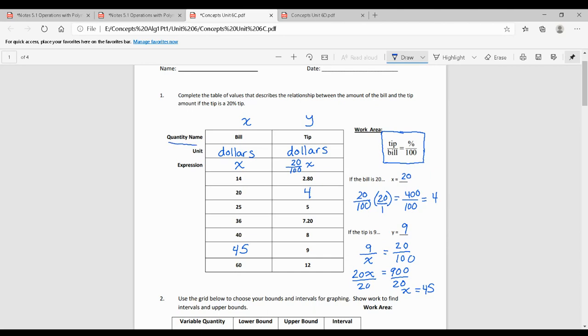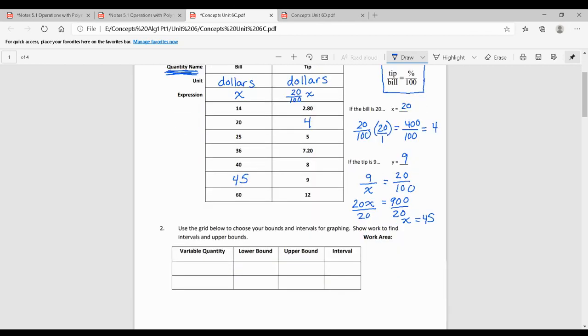It gave you in the chart up on number 1, it says quantity name, and it gave you bill and tip. So just like Gabe said, when I go down to this chart and it says quantity, I'm going to copy those. And the first one that was written was bill, so I better put bill first here. And the second one in my chart up above on number 1 was tip. So tip is going to come second. Is that clear to everybody? Make sure you have that.